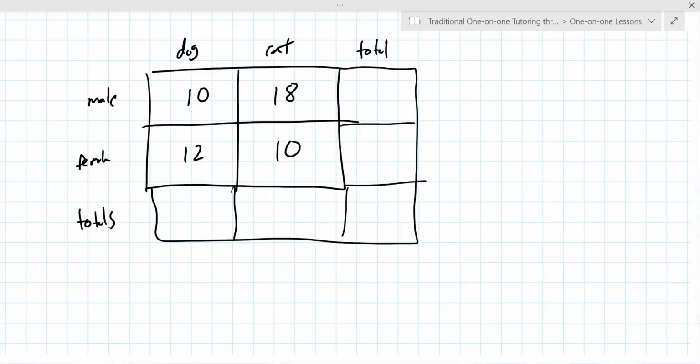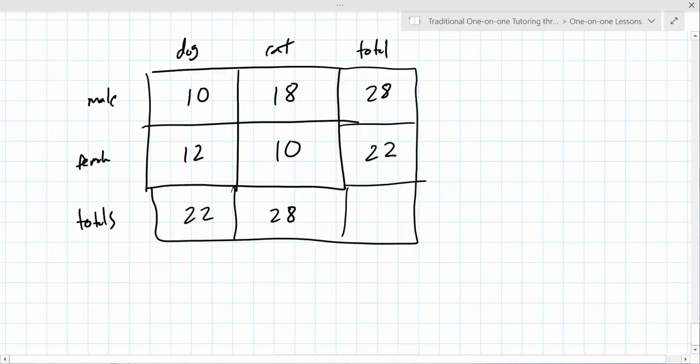The totals are 22, and then 28. What about over here on the right? 28 and 22. And then what's this last one here? 50.